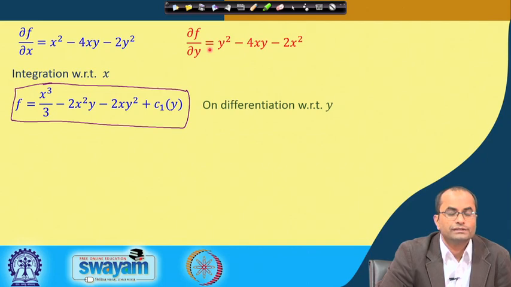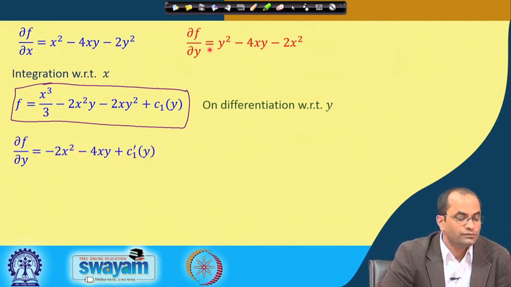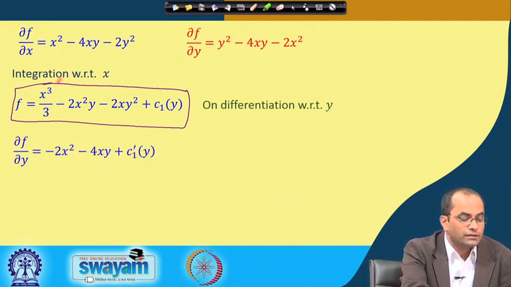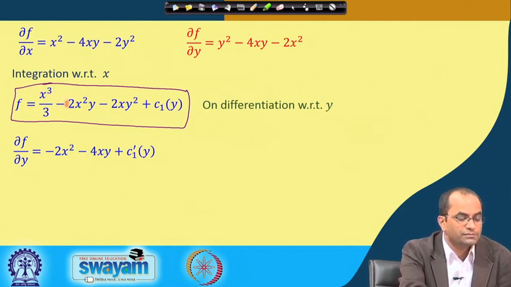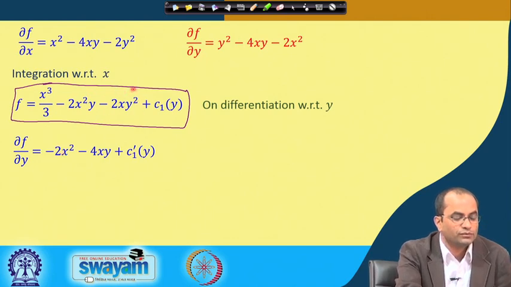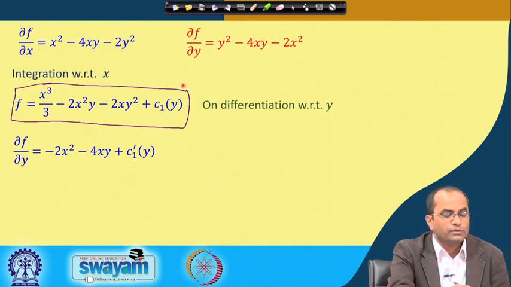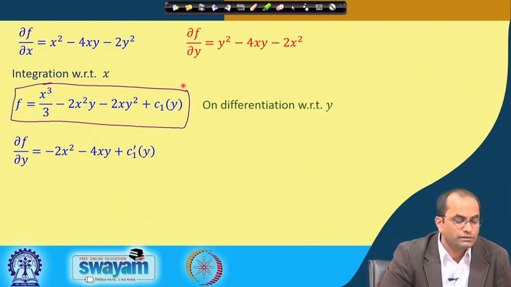So, on differentiation with respect to y, what we will get here: this term is x alone, so this will be 0 with respect to y. So, we will get minus 2 x square, and here with respect to y we will get minus 4 x y, and the c 1 of y also, whose derivative will come.